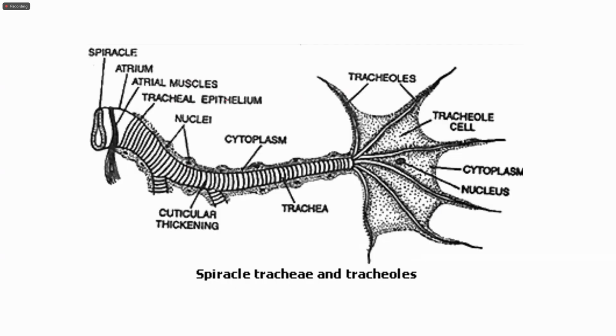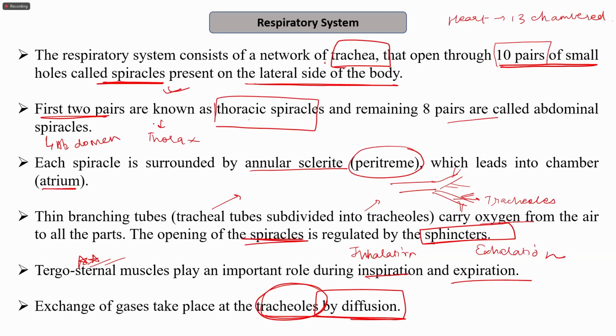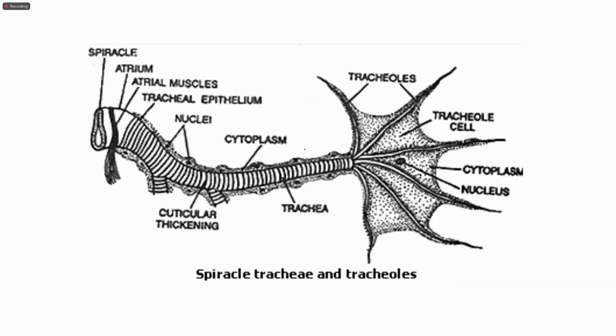So you can see here that the opening of the spiracle is regulated by the sphincters, and each spiracle is surrounded by an annular sclerite, the peritreme, which leads into a chamber called the atrium. Through this, the trachea is then divided into various smaller branches, known as the tracheoles.